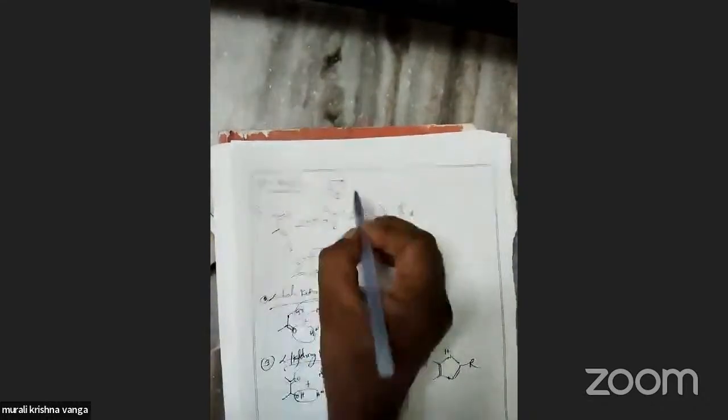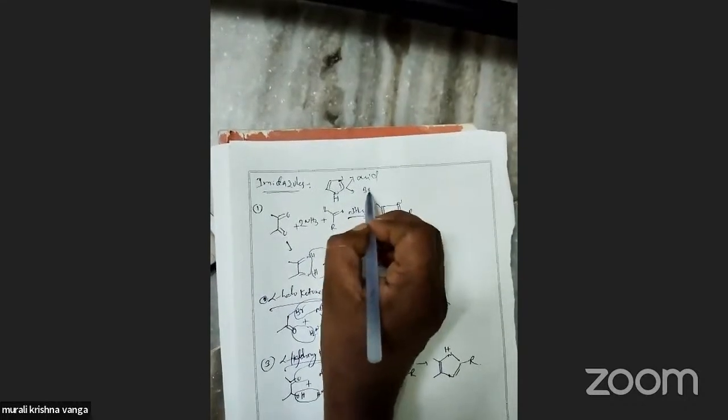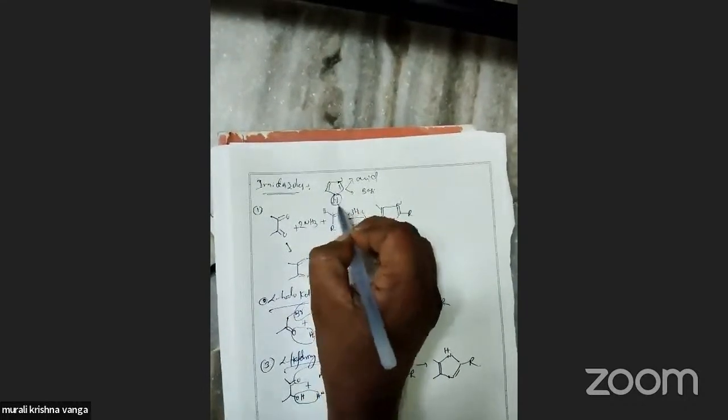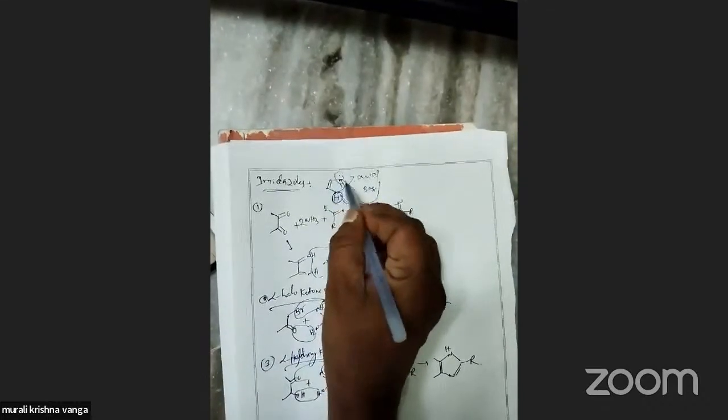Next one is properties. NH-free imidazoles are amphoteric, acidic due to the pyrrole-type nitrogen and basic due to the pyridine nitrogen. These imidazoles act as amphoteric, meaning acidic and basic. Due to the presence of this free H, it acts as an acid. Due to the pyridine nitrogen, it acts as a base.